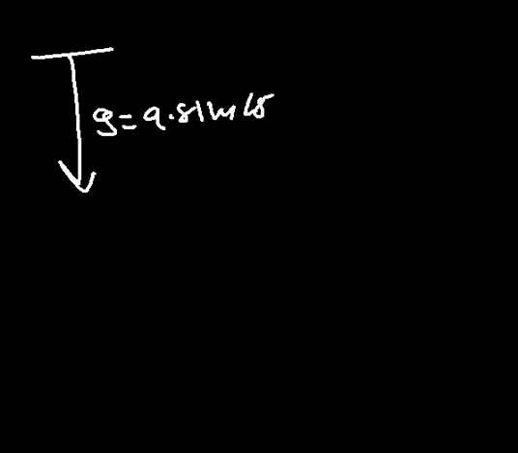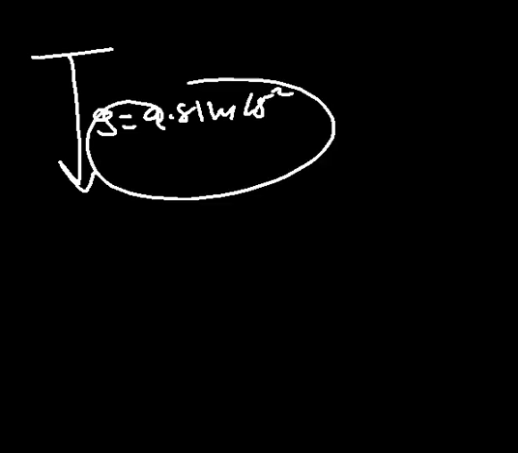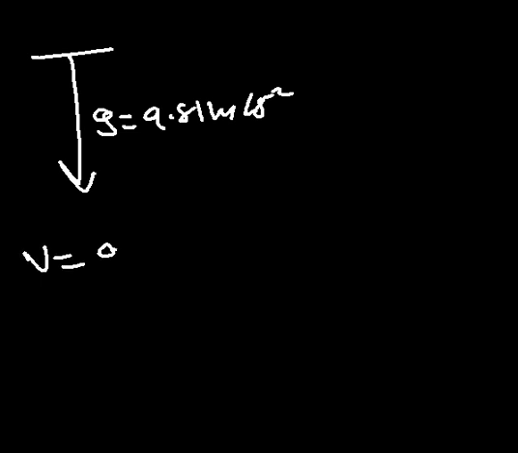Now, whenever the object is going downwards, let's say the object is falling down, acceleration due to gravity is given as positive g equals 9.81 meters per second squared. And according to the equations of motion, we have v equals at plus u, where the acceleration is g.